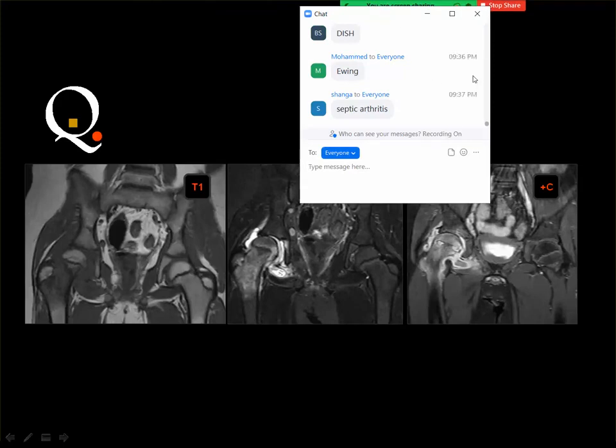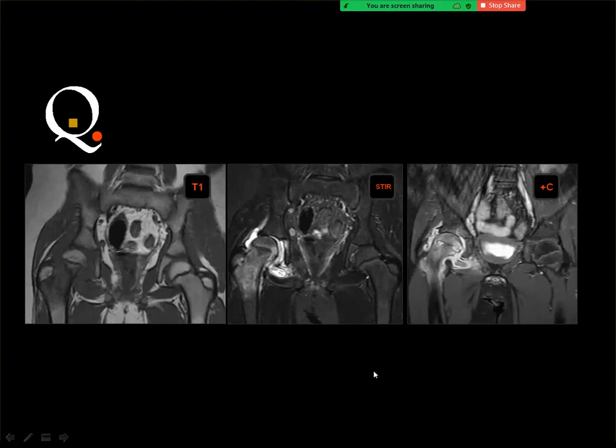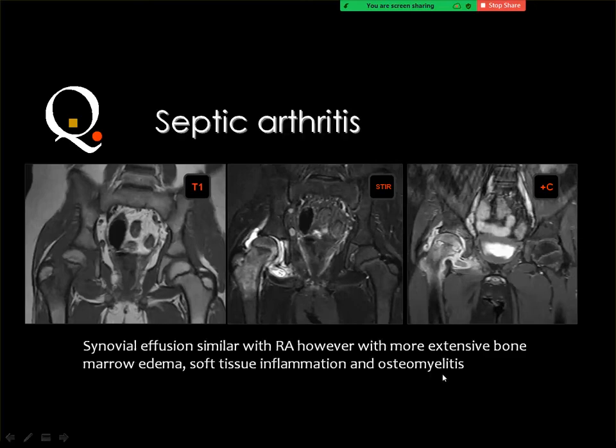Very good. The answer is good, and this is septic arthritis, or if you just say that this is synovitis, it's okay. But when you look carefully, you can see there is also inflammation of the bone with bone marrow edema and then synovial thickening and enhancement, and this is septic arthritis of the hip joint.